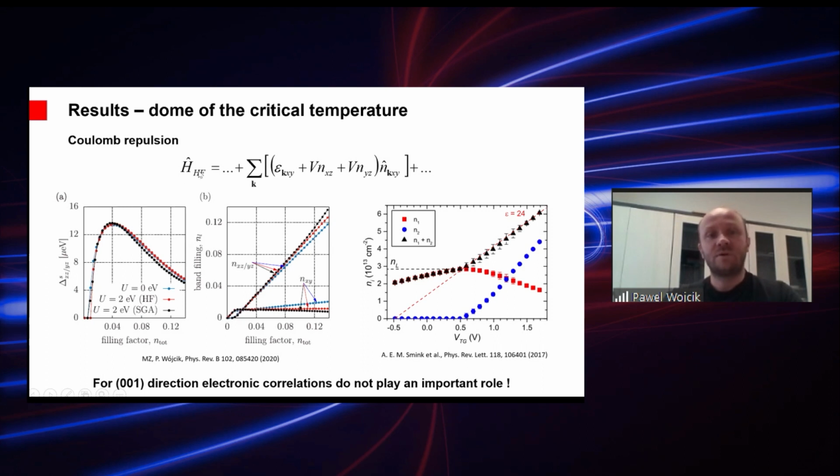Moreover, by the inclusion of the Coulomb repulsion, we were also able to reproduce the experimental data. Here you can see experimental data and the characteristic change of the monotonicity at the Lifshitz transition here, and this change of the monotonicity was also observed in our calculations.